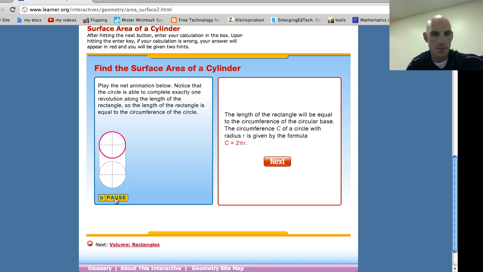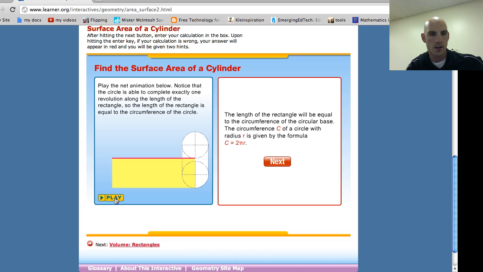And so if I replay this, watch what happens. As it rolls out, that pink line becomes the length of the rectangle. And I'm going to pause it, and you'll see, the circumference of the circle is the length of the rectangle, and the height is the height. So we have a circle on the top, a circle on the bottom, and a rectangle that goes around the outsides, just like the net diagram.